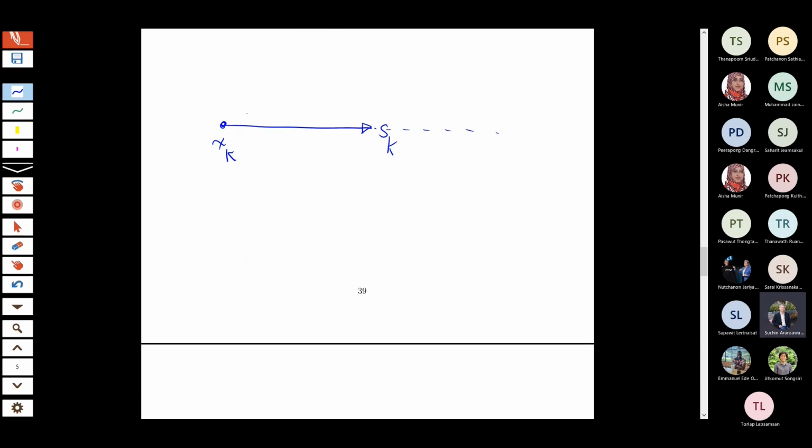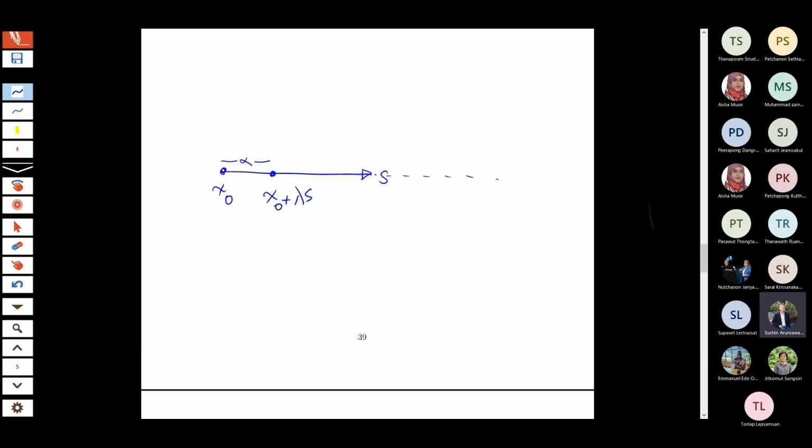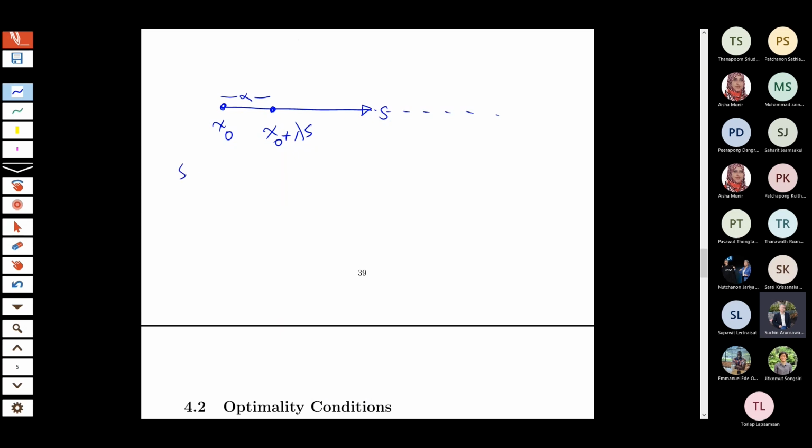This is the alpha, so this point is x k plus lambda s k, right? For the moment we skip the subscript, and just say this is x naught. Alpha is called the step length or step size, because alpha is the length that we move in the direction s.